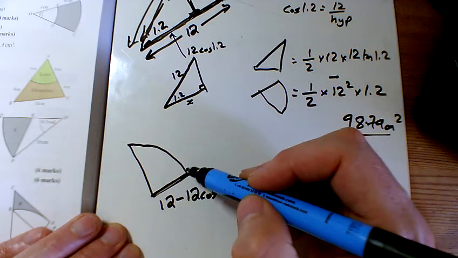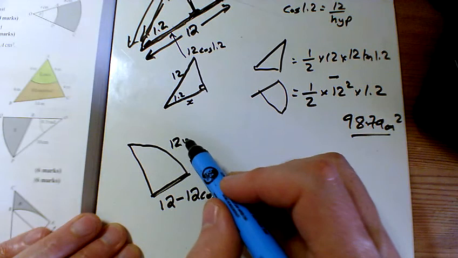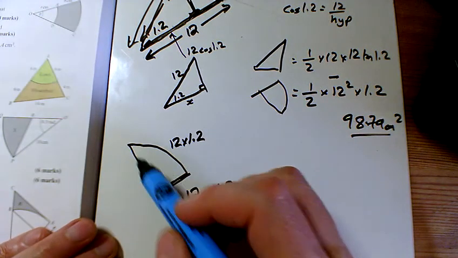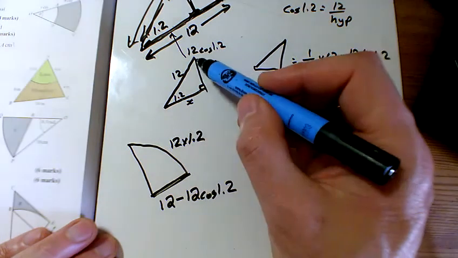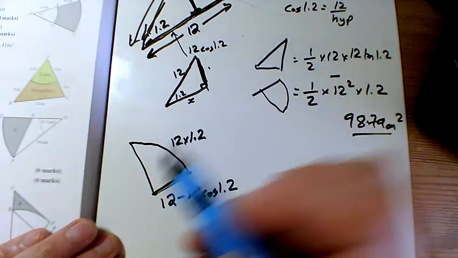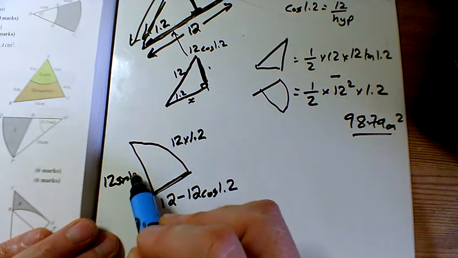The curved part is your normal arc length, so that's just r times theta. And this part here is that part of that triangle there, isn't it? So that's the sine of that, 12 sine 1.2.